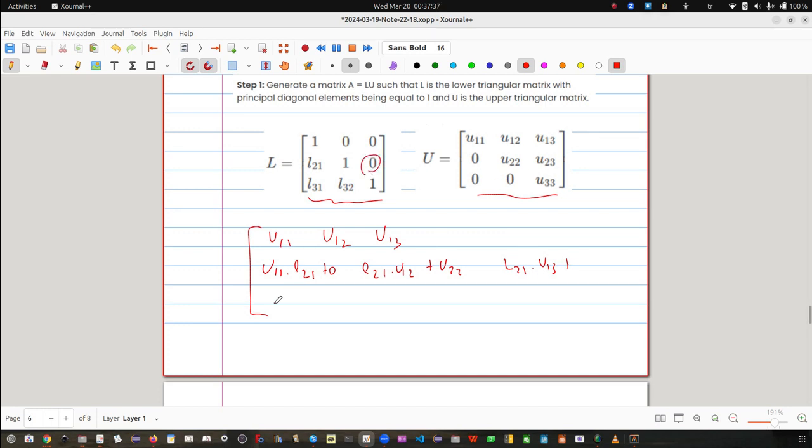And then the third row: L31 times U11, then L31 times U12 plus L32 times U22, and the third one, L31 times U13 plus L32 times U23 plus U33. So this is A.